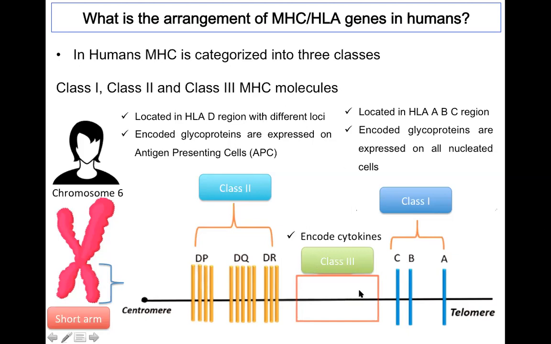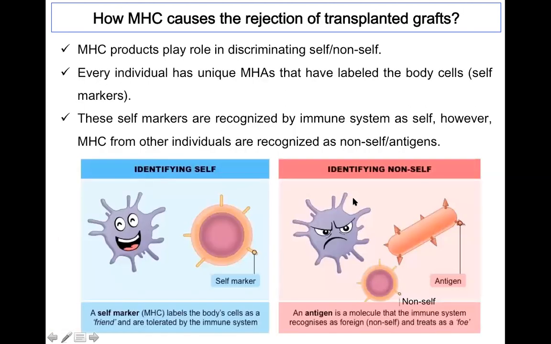Class 3 genes encode cytokines, which are secreted proteins. So far we have learned how many classes of MHC there are, where they are located and how they are arranged.